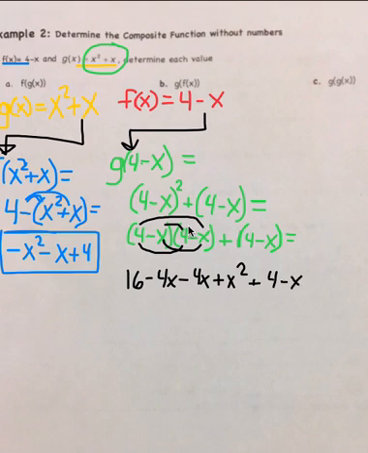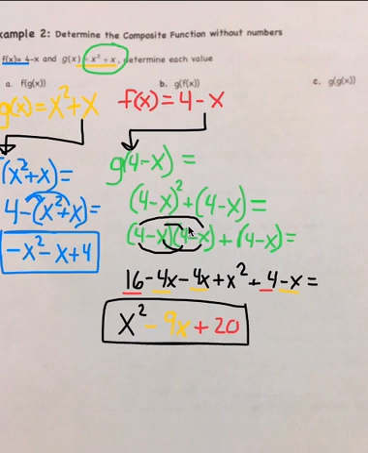And I want to put these in standard form. So I'm going to put the x squared first, so now I'm just combining like terms, x squared, and then I have 3 different x's, negative 4x, negative 4x, and negative x. So it's going to be minus 9x, and then I have a 16 and a 4, plus 20. And that's my final answer for B.